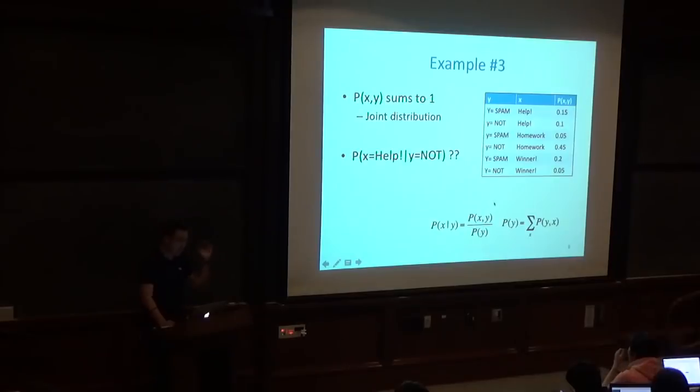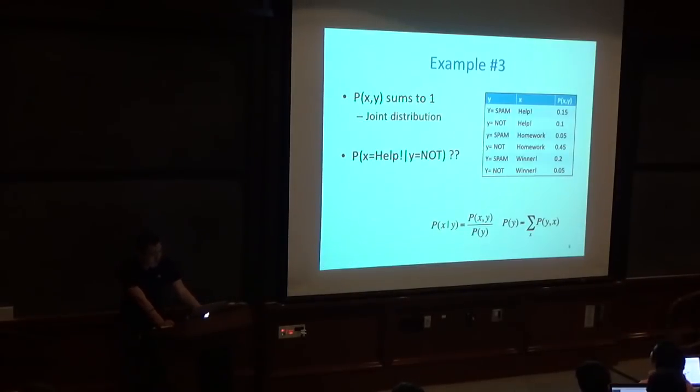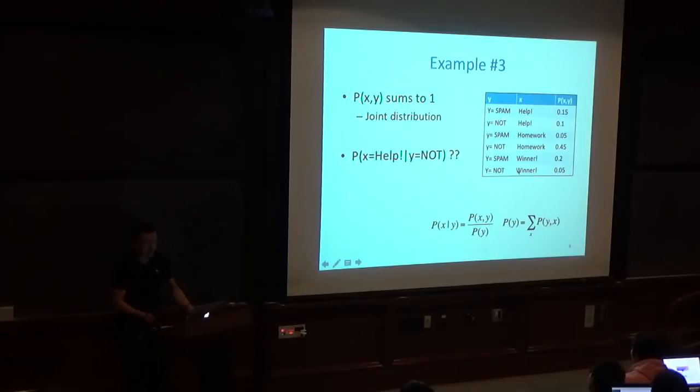Okay, suppose we observe that y equals not, so not spam. What's the probability that, for any given sample from this distribution, if y equals not, then x equals help? Again, you do the exact same thing. At least in the way we've modeled the data, there's no particular special meaning behind x or y.